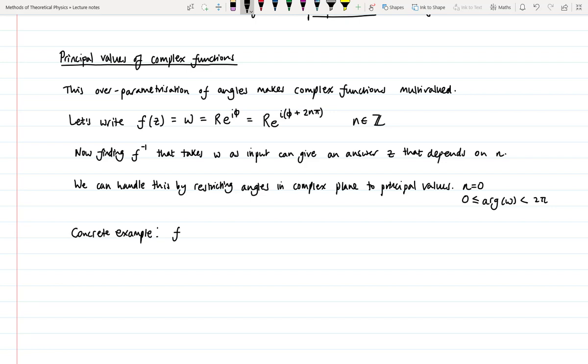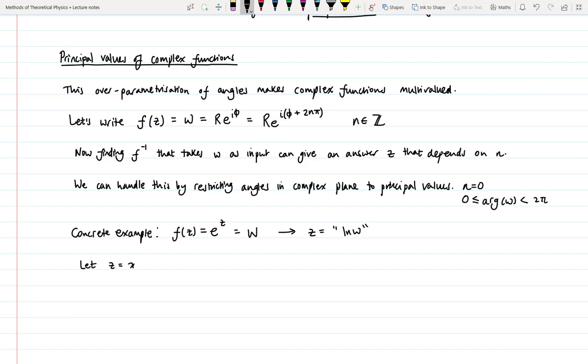Let's consider the exponential function, the complex exponential function. And this function will return some complex number w. Now our task is to look for the inverse. So we know that eventually we'll be able to write this as something that looks like the logarithm of the complex number w. So we're looking for z in terms of w. Let's put down some notation for what's next.